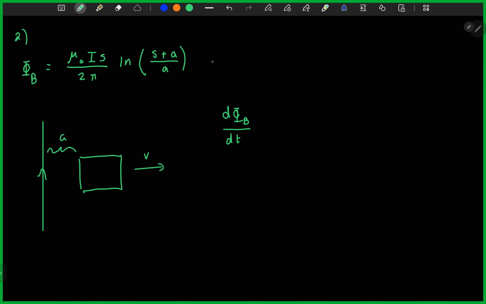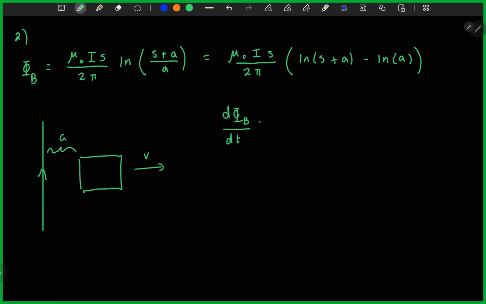To simplify our differentiation, I'm just going to quickly use properties of logs to rewrite our phi B. So we'll have mu naught I over 2 pi, and then we'll just write it as ln(s plus a) minus ln a, just to avoid needless product or quotient rule.